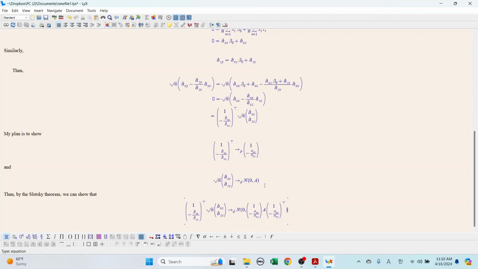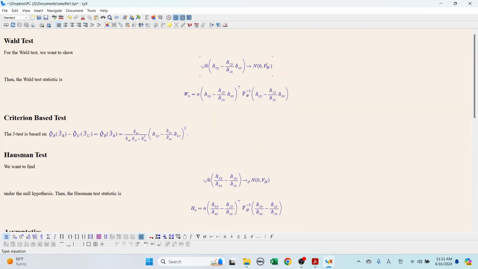So for simplicity, I will rewrite this as B. Then we are going to have B times A times B prime. So this will be V, right? This is V_W.